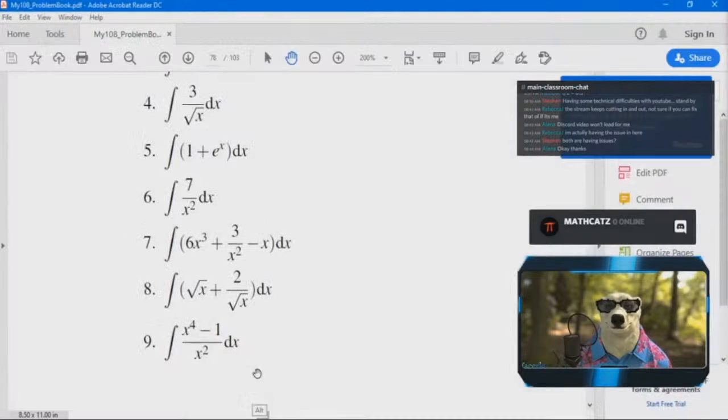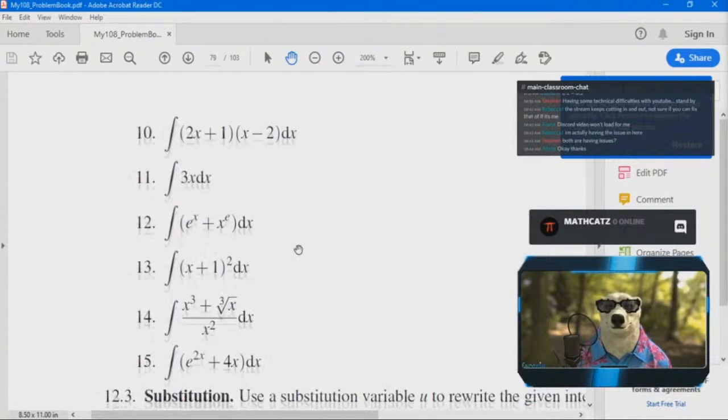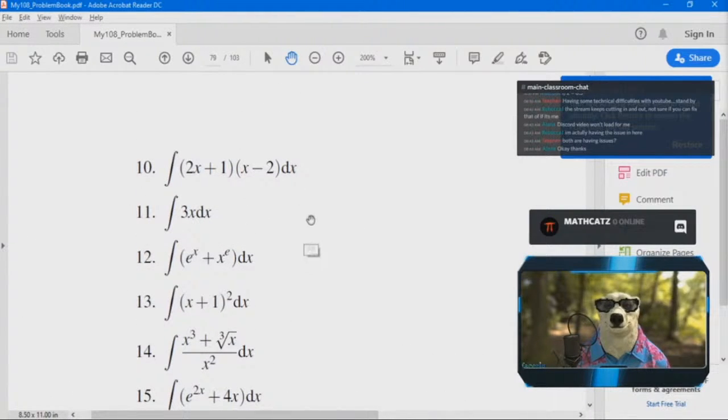So let's have a look at, it doesn't really matter. How many do we have? All right, we have some. Let's do, hmm, let's do 14 maybe. 14.